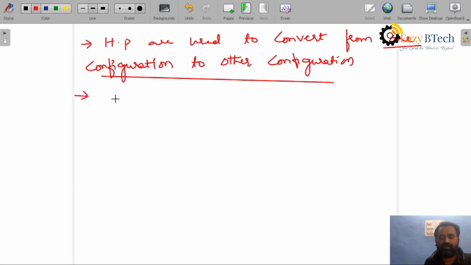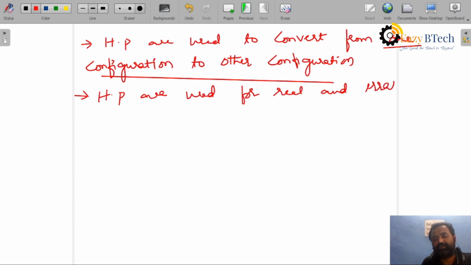Next, hybrid parameters are used for real and irrational numbers. Next, hybrid parameters are derived.